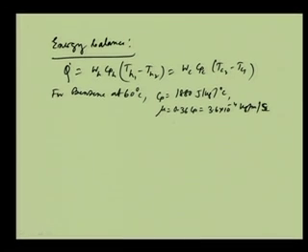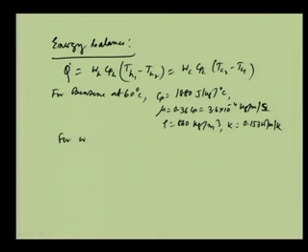Rho equals 860 kg per meter cube, and K, thermal conductivity, is equal to 0.153 watt per meter per Kelvin.